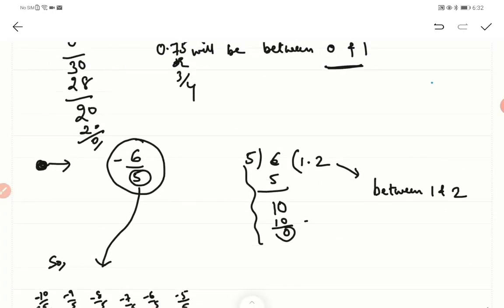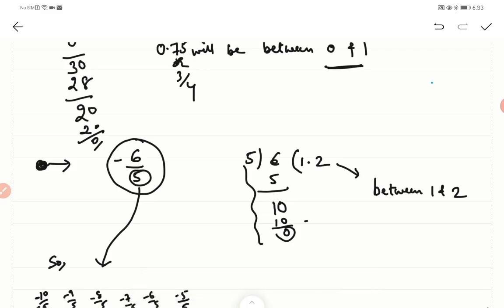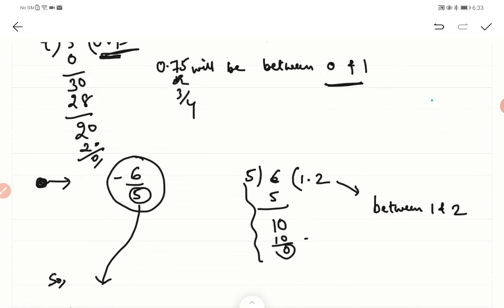Let's take one more example. I have -6 divided by 5. Where does this come? When I go for the decimal number, 5 ones are 5, 5 twos are 10, minus 10, and we get 1.2. You should by now have good practice to do the division directly. So -6 by 5 is nothing but -1.2.